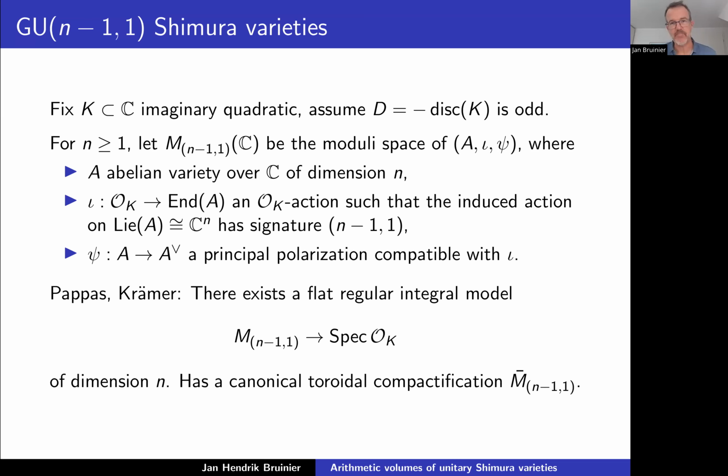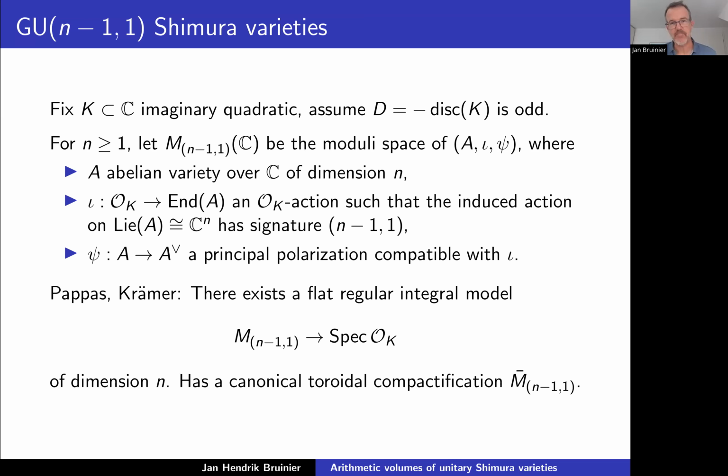Okay, so this is just a technical thing in some sense. It's important here that these M_V are indexed by these K-Hermitian spaces V, and this M_V can be viewed as an integral model of a Shimura variety associated to the general unitary group of V with a suitable level structure.